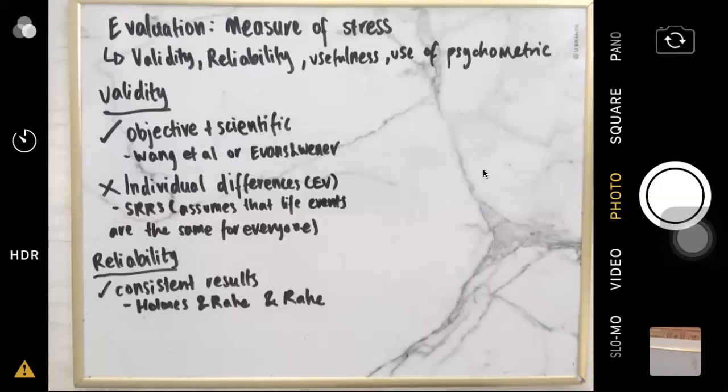So if you score higher in the rating scale, there is a higher risk of illness. So Rahe tried to test that. The soldiers, when they scored high in SRRS, did have higher risk of illness. They did have higher visits to the dispensary. So that study has proven Holmes and Rahe's conclusion. Okay?